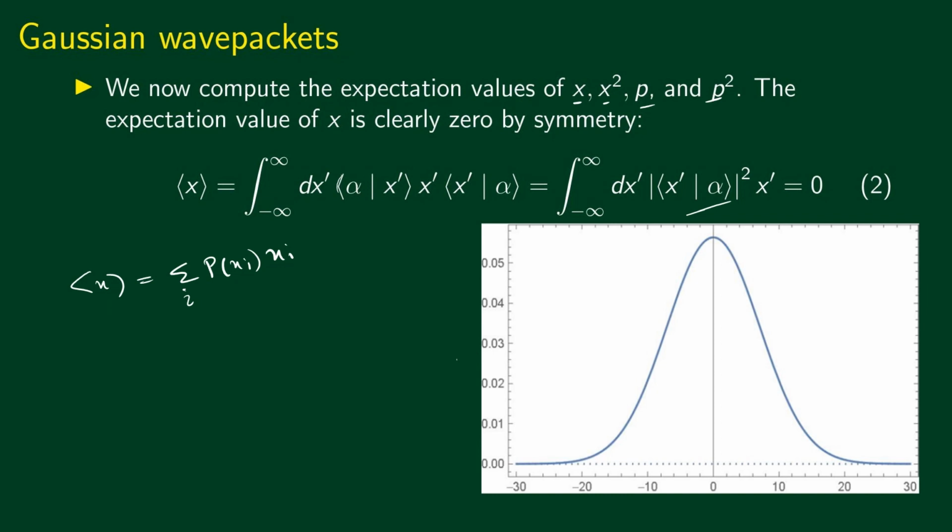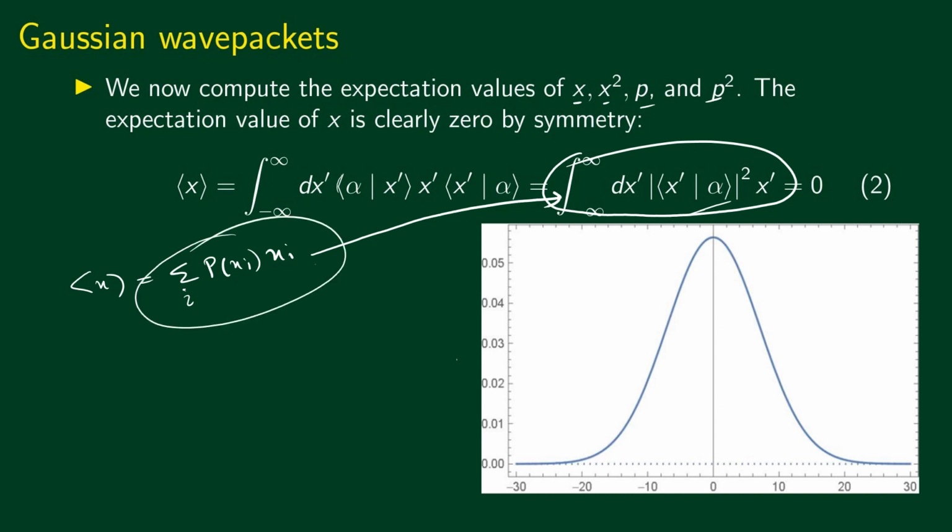Now what we have here is the continuum version of this, but the idea is the same. So instead of sum over i, we have an integral here, and in this case dx prime modulus square of bra x prime ket alpha. This part is the probability for finding the particle between x prime and x prime plus dx prime.